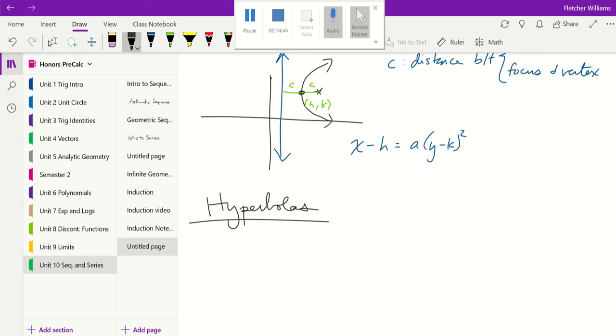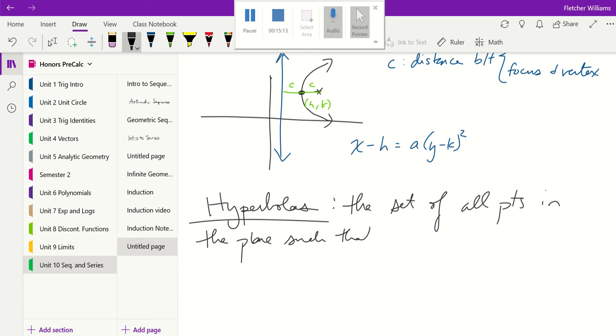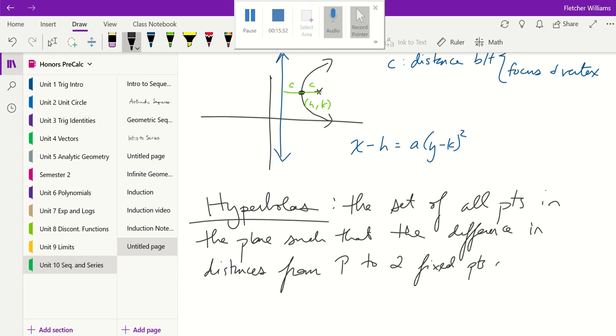A hyperbola is the set of all points in the plane such that the difference in distances from P to two fixed points is a given constant. What do we call those points?